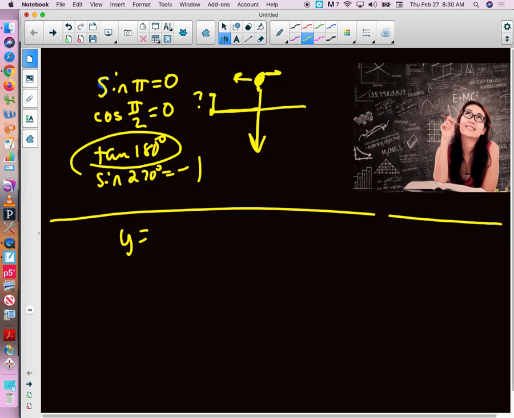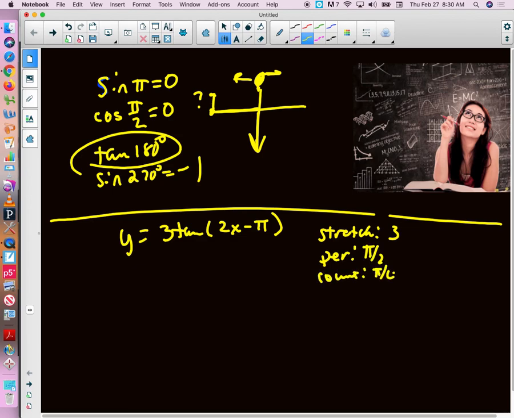Okay, so if I have y equals 3 tangent of 2x minus pi. This doesn't really have amplitude. It has a stretch of 3. It has a period of pi over 2. So my count is going to be pi over 4.